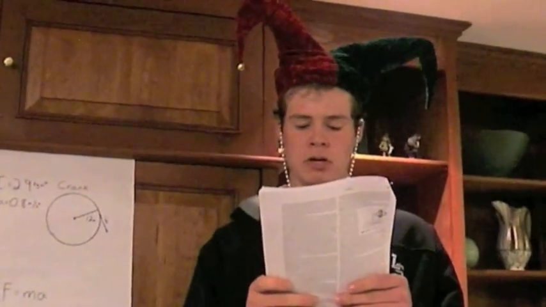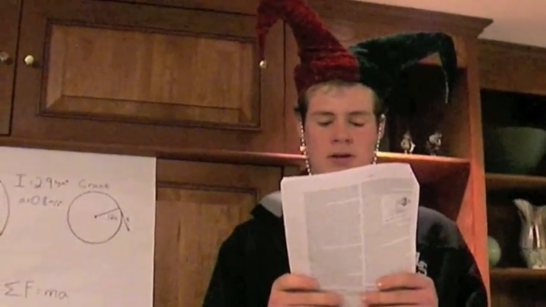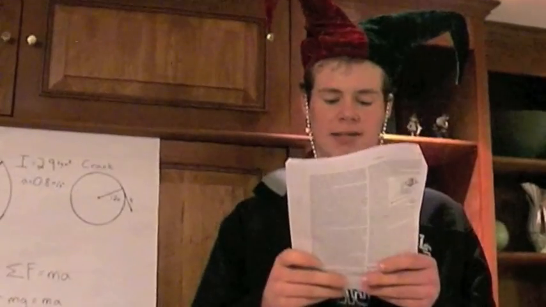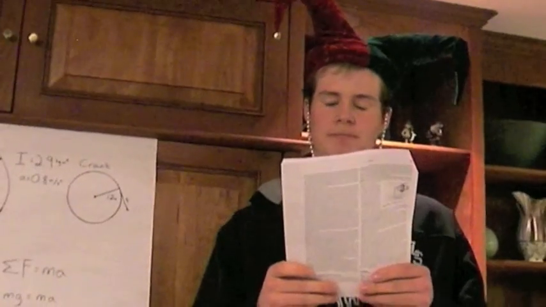The crate is suspended from the free end of the rope. One end of the axle pivots on frictionless bearings. A crank handle is attached to the other end. When the crank is turned, the end of the handle rotates about the axle in a vertical circle of 0.12 meters. The cylinder turns and the crate is raised.